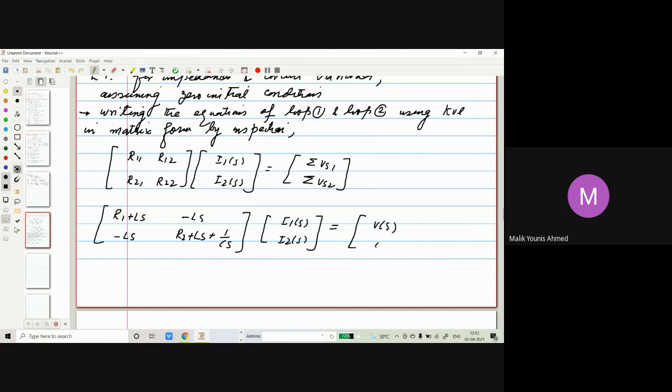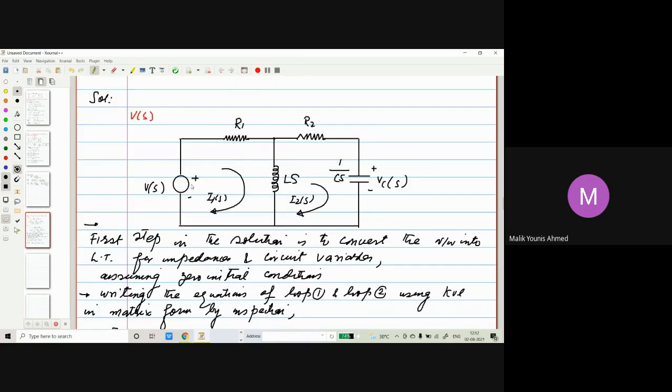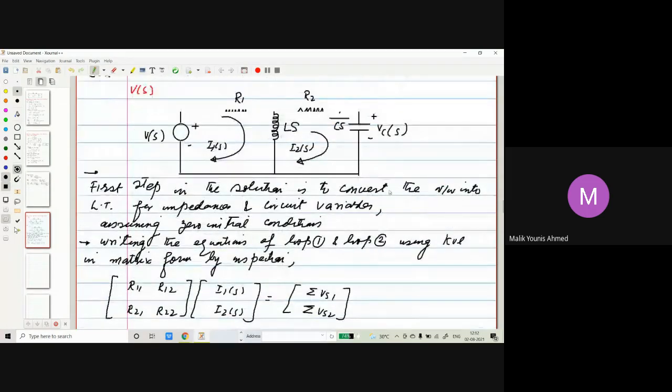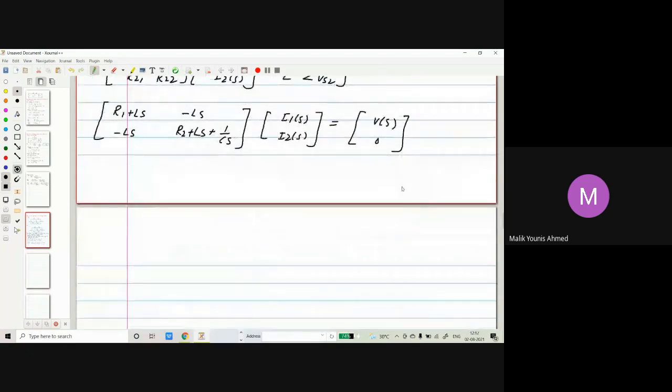V of S and we have 0. Why V of S? We have voltage source in only one. That will be in the direction of this. And then the second, we don't have any voltage because this is the voltage across capacitor. That's a different thing. Only the active element is voltage source we have in the loop 1. So that's what inspection we have.